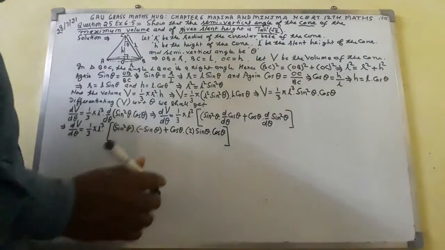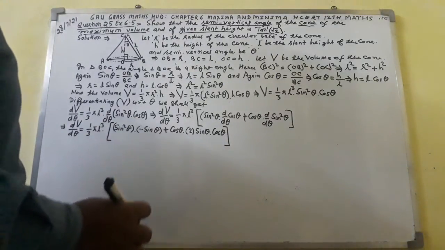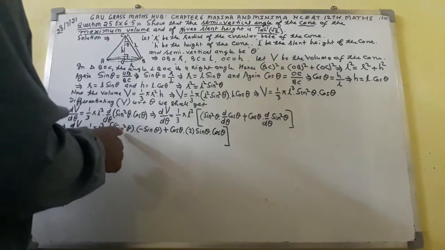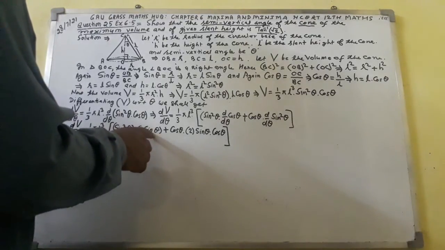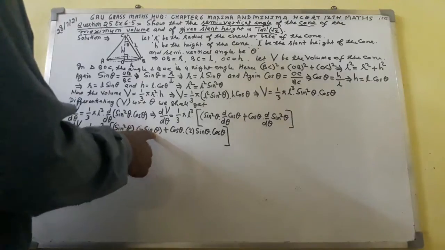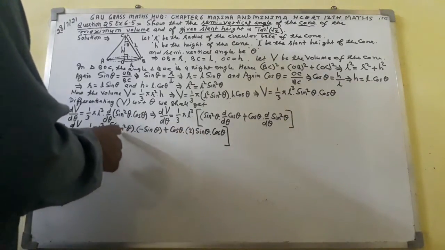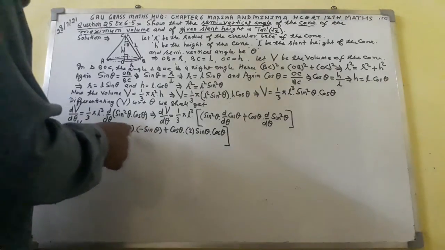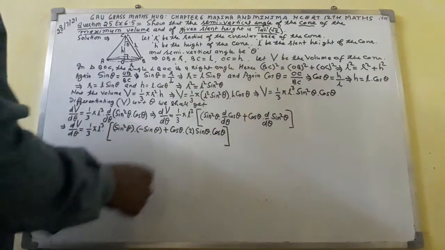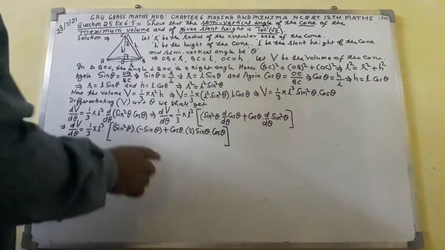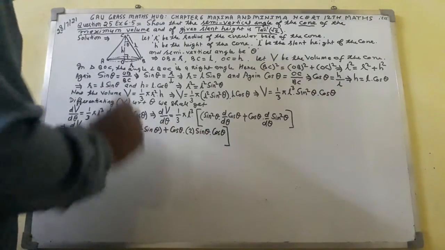So again I shall write, here you can see in this function sin theta is available. Also in second term sin theta is available. This is the first term. In the first term sin theta is available, and second term also sin theta is available. So you should take sin theta as a common.